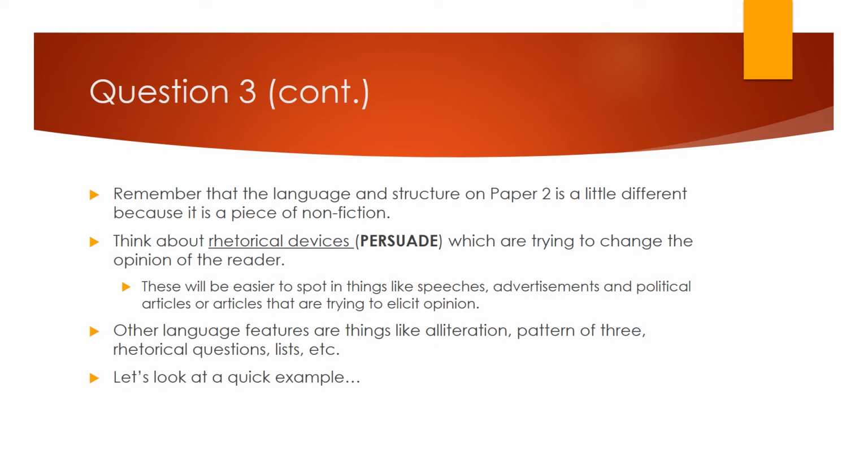Consider rhetorical devices. If you think about the mnemonic PERSUADE, for those of you that aren't familiar with it: P is power of three, E is emotive language, R is rhetorical questions, S is say again, which is the same as repetition, U is undermining opposing views, which is where somebody who is against somebody else will refer to their thoughts and feelings and then make them sound ridiculous.